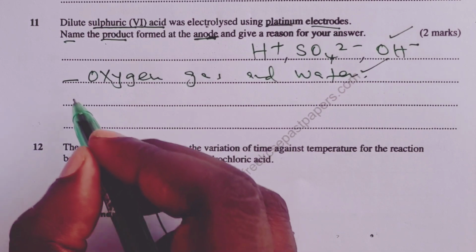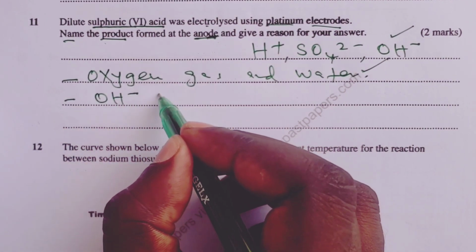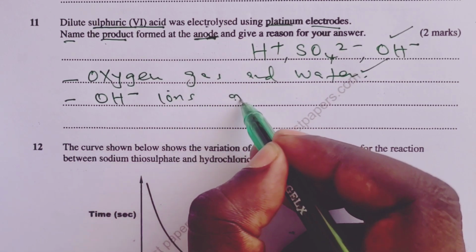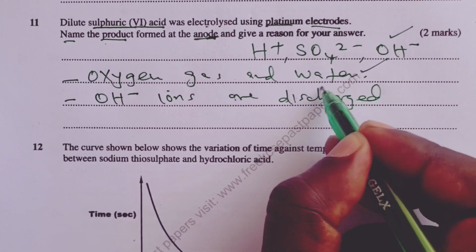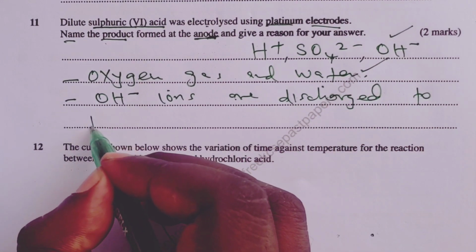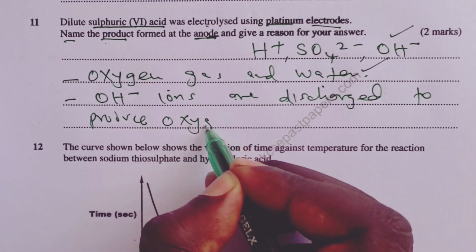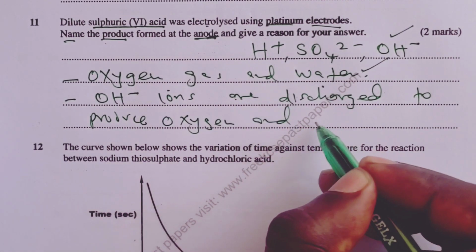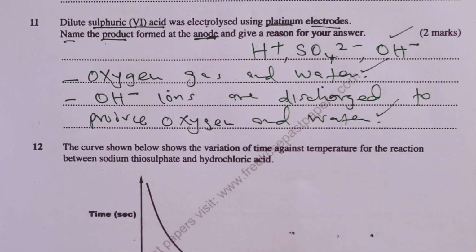You will simply tell us that hydroxyl ions are discharged to produce oxygen and water. We are not asked to write any equation here, so that would do for the 2 marks.